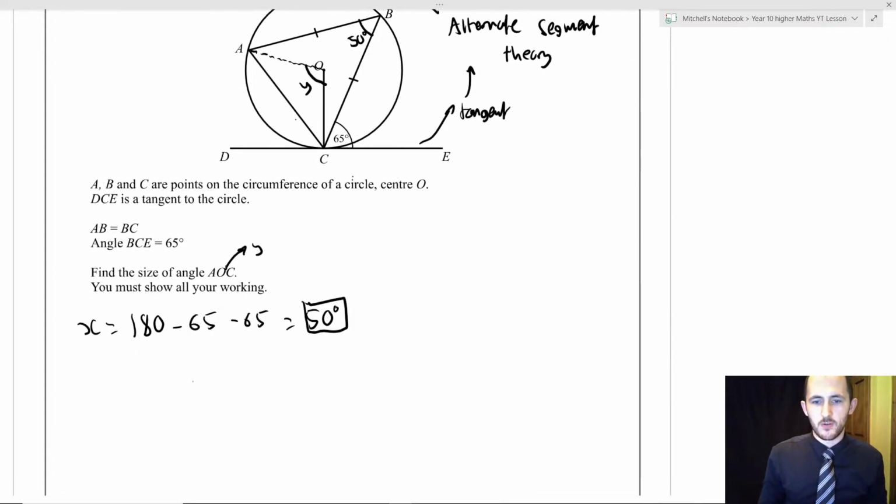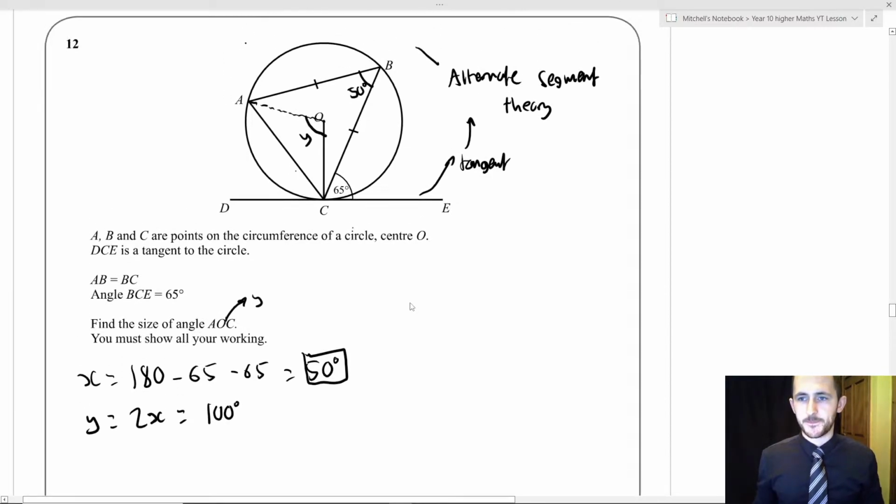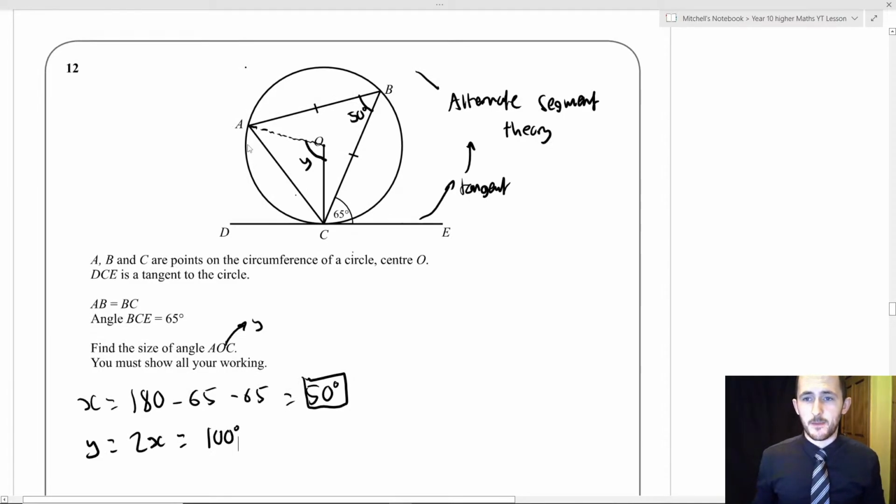So in other words, angle Y is twice angle X, so 100 degrees. Because they're 2 angles that are made from the same points, A and C. One is at the center of the circle, the other one's at the circumference. So one is going to be twice, double the other. So again, in finding that 50 degrees, we discovered what the actual answer would be. So this would actually be our other 2 marks.